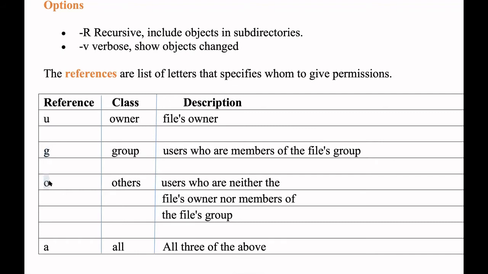And o refers to others. Others are neither the file's owner nor members of the file's group. And there is another reference called a, which refers to all, which includes the owner, the group, and others. So a is the same as ugo.